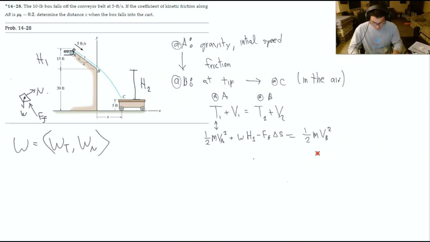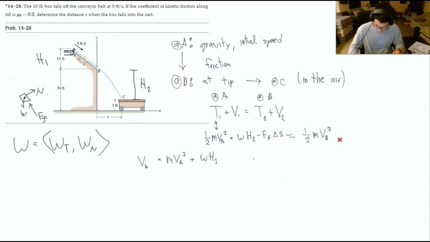Okay, so our main goal is to find these components. So we want VB, right? That's the main thing we want. So I'm going to rearrange everything for VB. Where VB is going to equal m va squared plus w h1. Give me a second. Okay, so I times everything by 2.